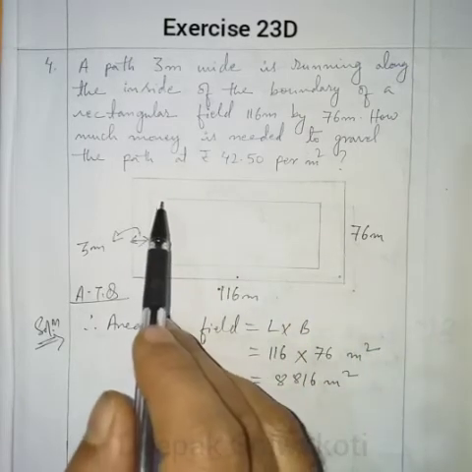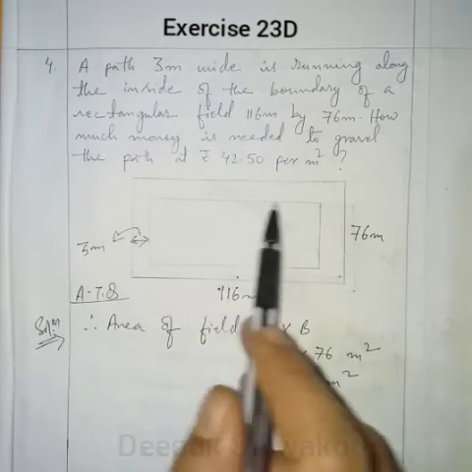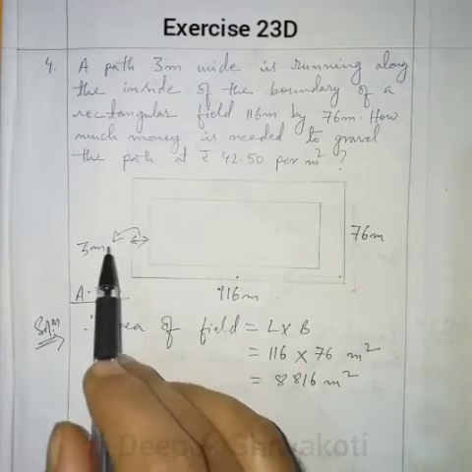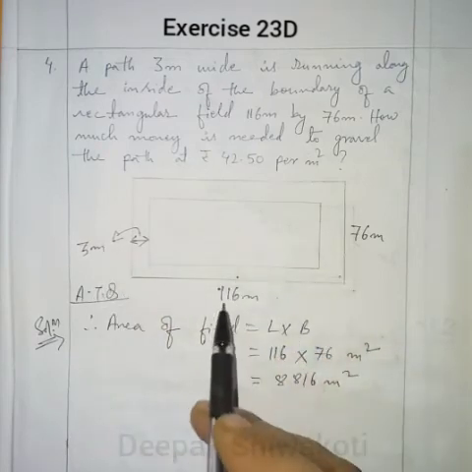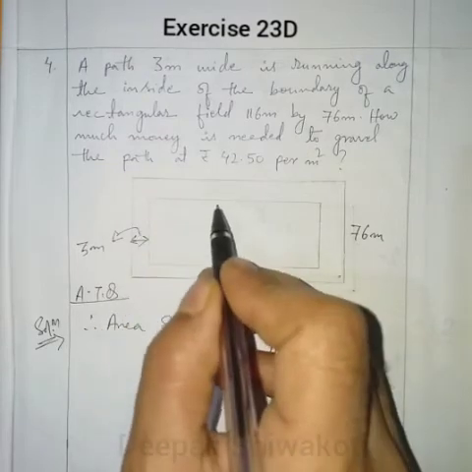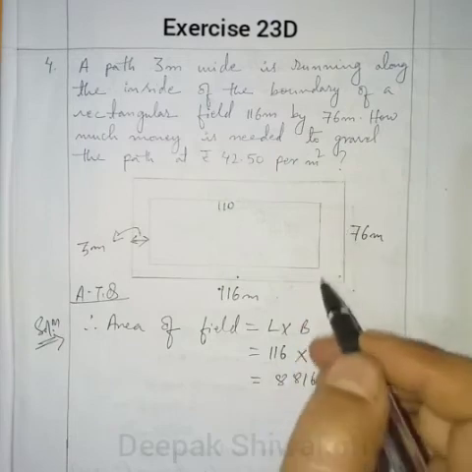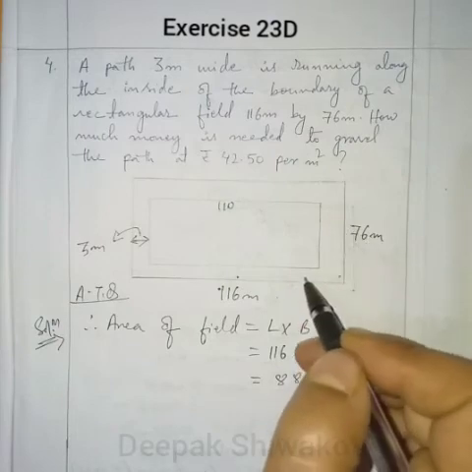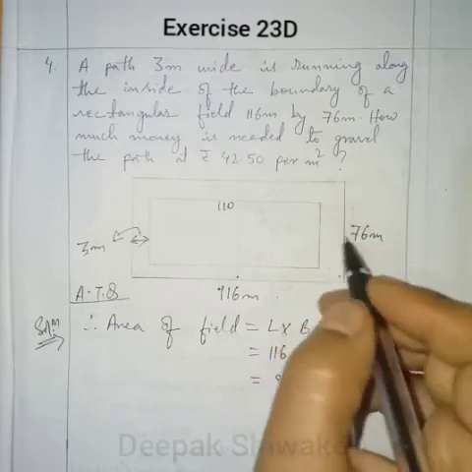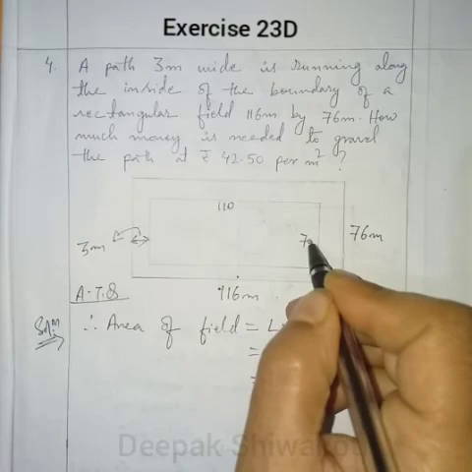So the length of the inside rectangle will be 116 minus 6. 3 plus 3 is 6, so 116 minus 6 is 110. This length is 110, and breadth is 76 minus 6, because 3 from this side is decreasing, and 3 from this side. So 76 minus 6 is 70. So breadth is 70.